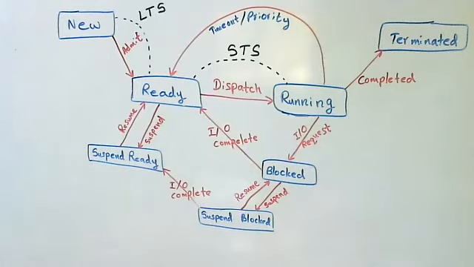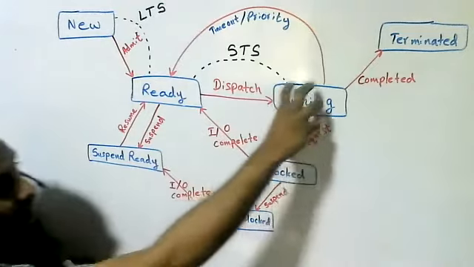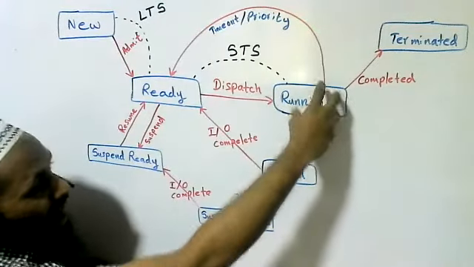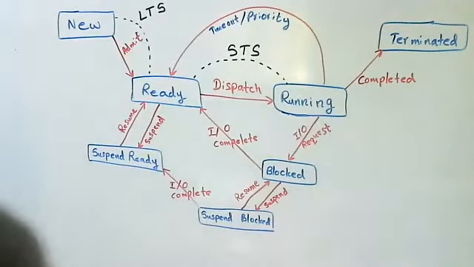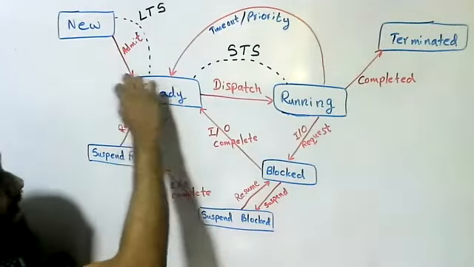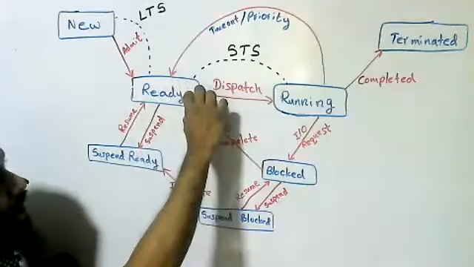Then CPU bound process. What do you mean by CPU bound process? More time needed for CPU. Yes, if a process needs more time in the CPU while executing, it is called a CPU bound process. So suppose there are many IO bound processes.